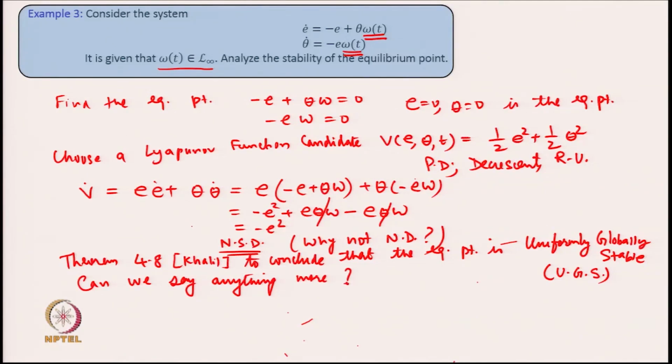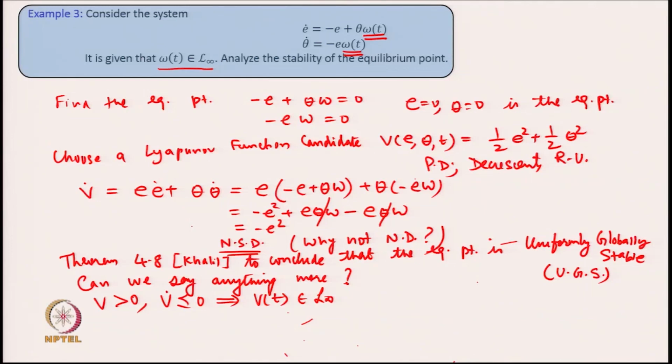So, it turns out that we can. So, let us look at the signals, the signal E of t, and let us see if we can use any of our theorems or lemmas that we had discussed. So, here V is positive and V dot is less than or equal to 0, which implies that V of t is bounded.